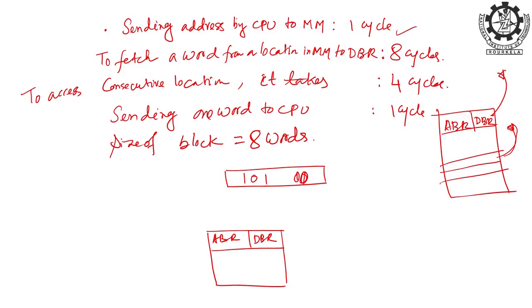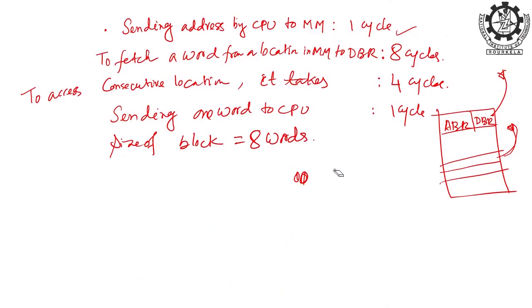After that, if we use the earlier organization, that means all 8 words will be within a memory module. So, how many cycles will that organization take? First, sending is fixed, that is one cycle, and then to fetch a word from a location to DBR it will take 8 cycles. So, first word will take 8, plus then consecutive each word will take 4 cycles.